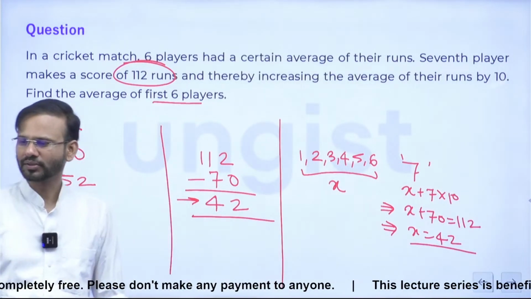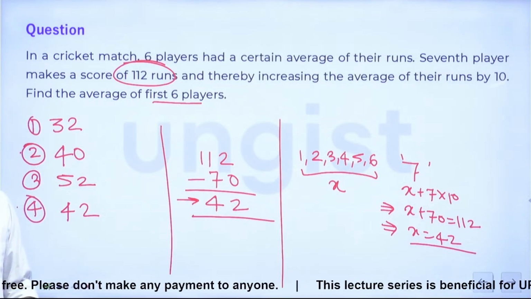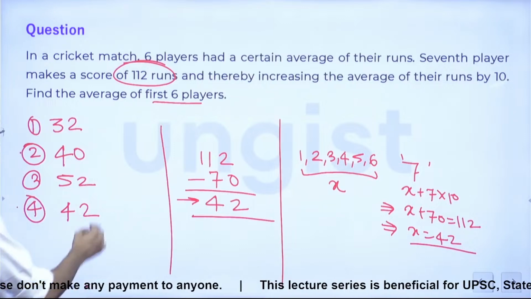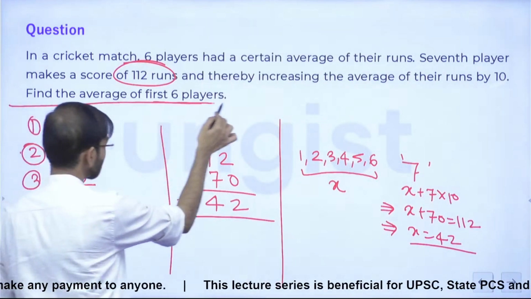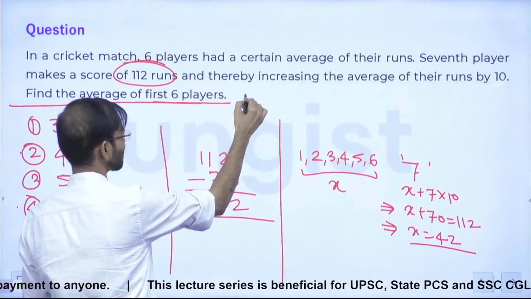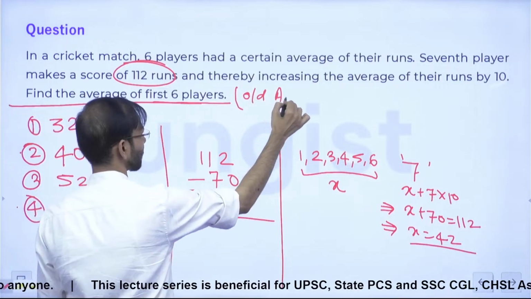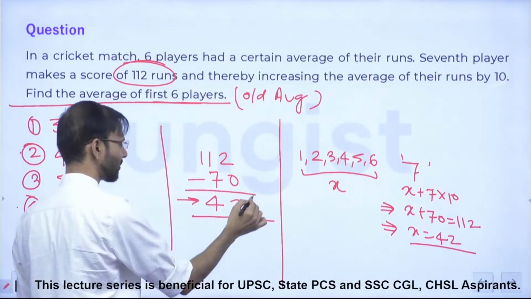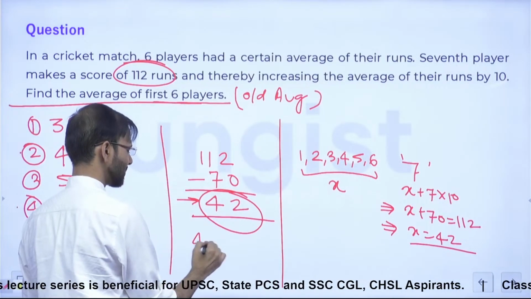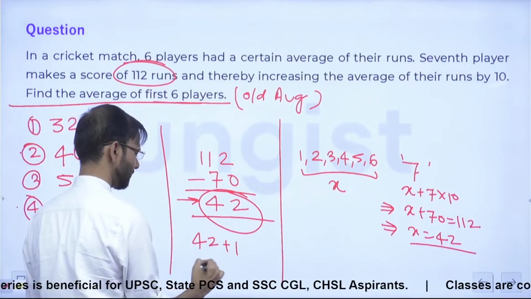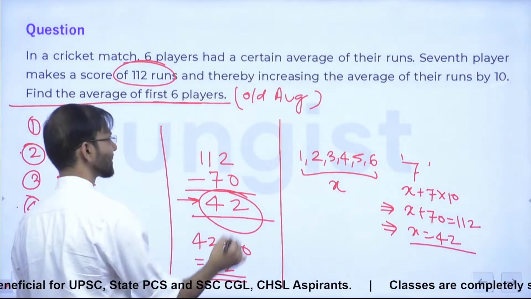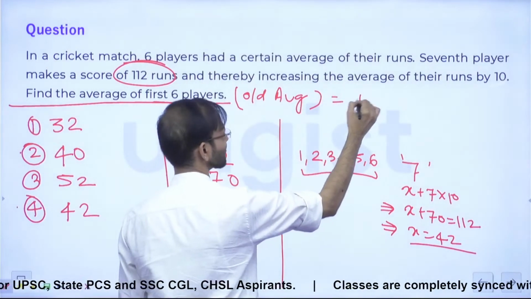Someone is asking, sir, what is the correct answer? The question is saying find the average of the first 6 players. I mean, the question is talking about the old average. So the old average is 42 and the new average is 42 plus 10, that is 52. The question is asking about the old average, so the correct answer is 42.